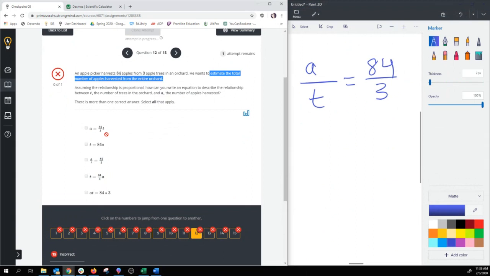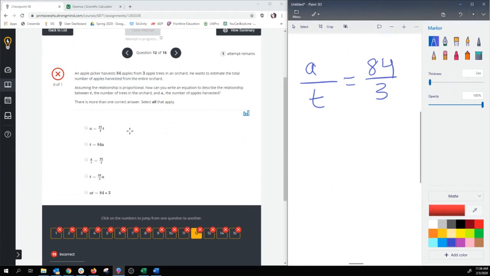Total number of apples or trees? Total number of apples, right? So I want A to be by itself, which means the two equations I'm picking for this problem would be A equals 84 over 3t, and then this top one here, A over t equals 84 over 3.